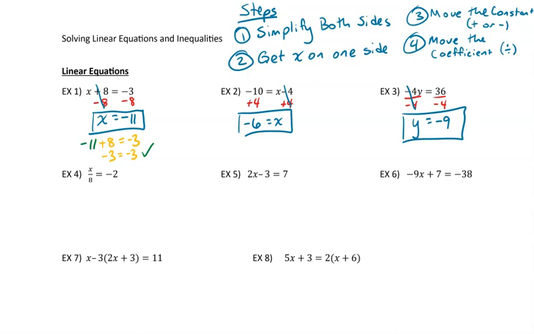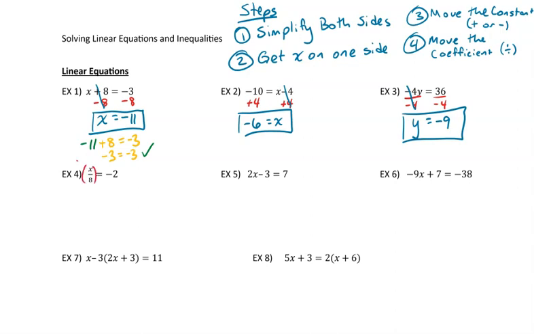All right, last one of these easy little one-step ones. X divided by 8 equals negative 2. So in this case, what's happening to x is it's being divided by 8. Now remember from example 3, multiplication, division, those can undo each other, those can cancel each other out. So if we have division, we're going to want to multiply it.